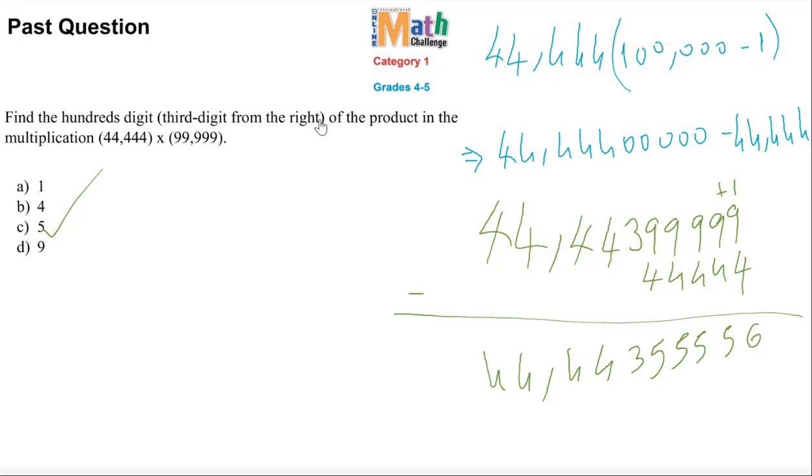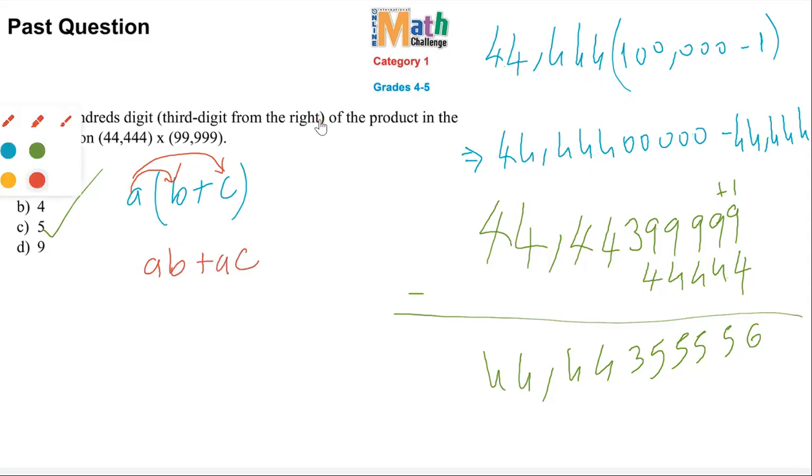Maybe we can write the formula shortly for those who don't know: A times (B plus C). To remove this bracket, we multiply the outer term by each inside term, so A times B plus A times C.